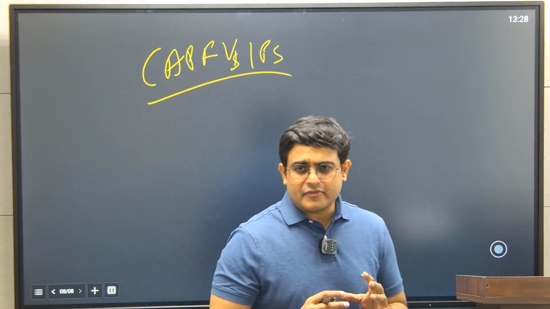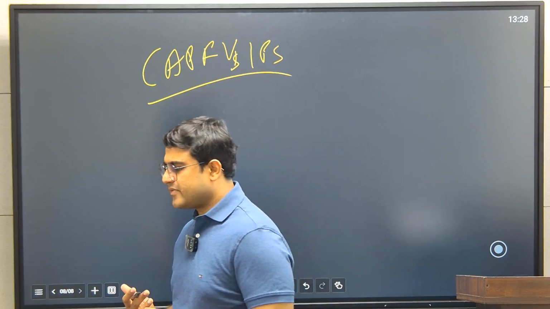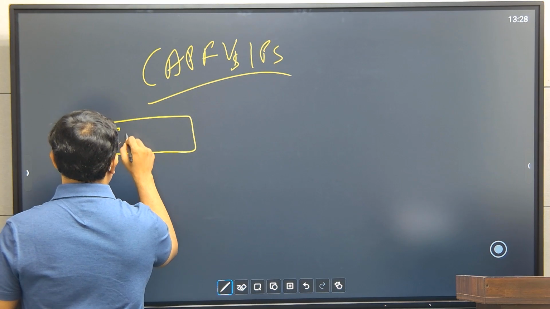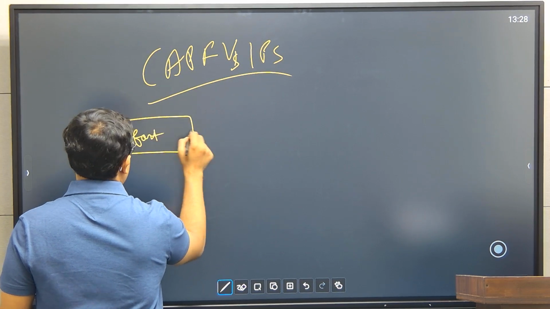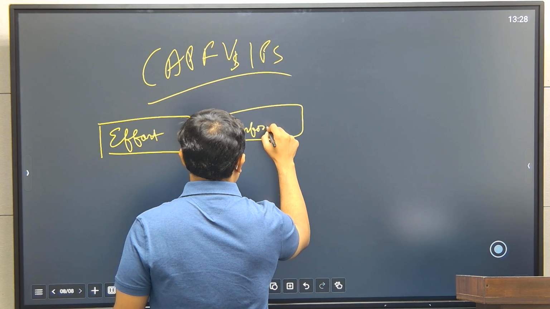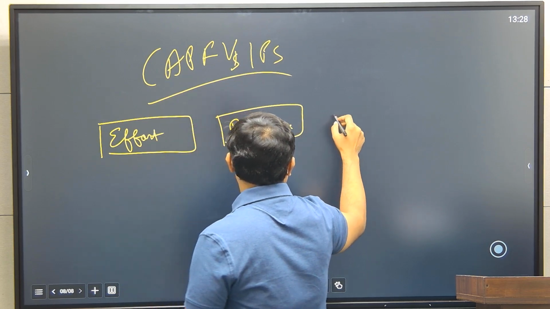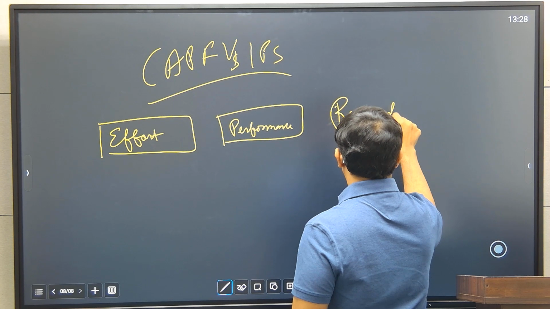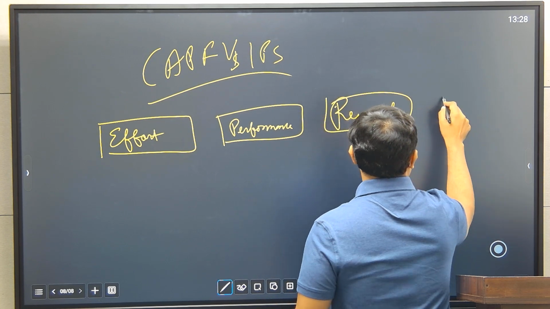So I will just draw that down. He gives the relationship between effort, performance, reward, satisfaction.